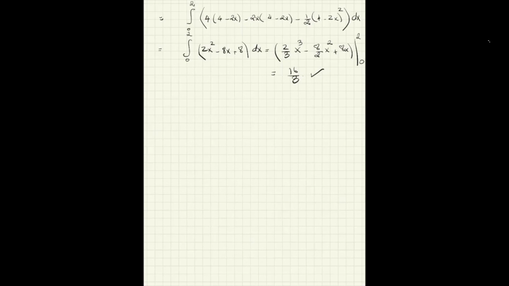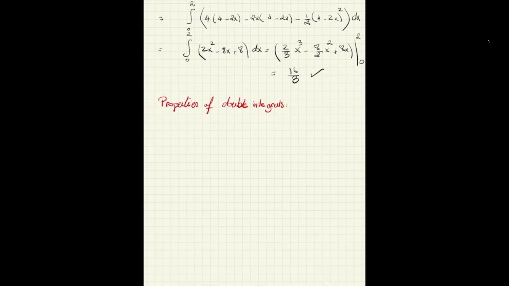Okay, properties of double integrals. There are some properties that you can use for double integrals. We're not going to prove them, but they are really very intuitive.